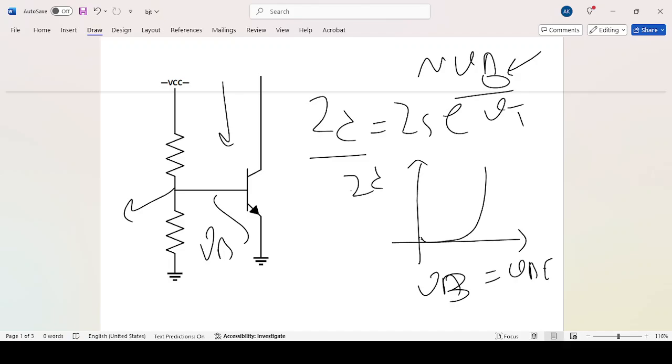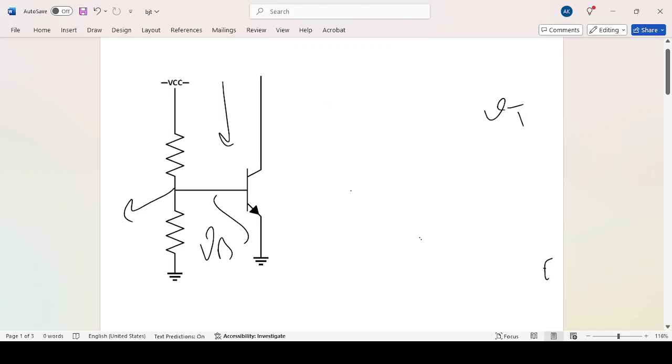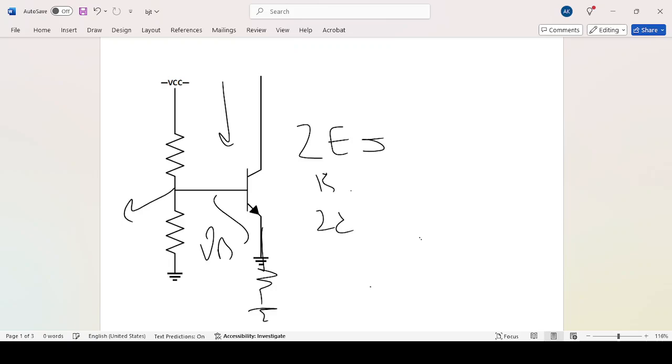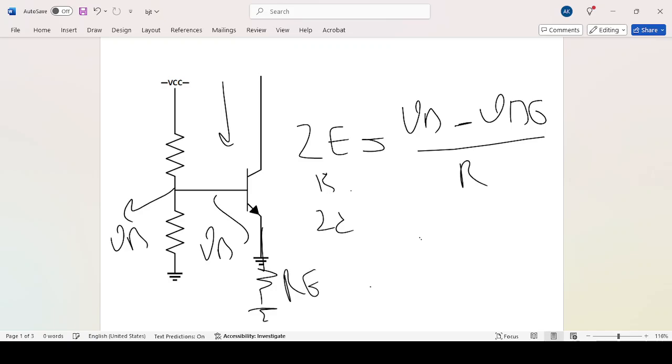So one way to address this problem, and it's a very smart and easy way, is to add a resistor over here, and then you can define IE, which is kind of equal to IC, by VB over RE.